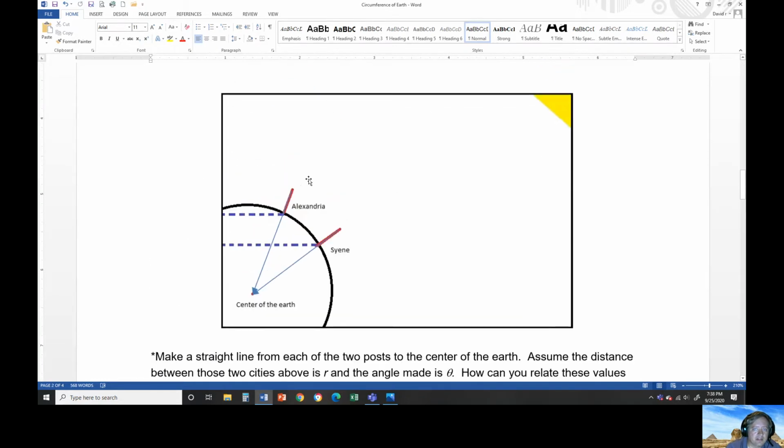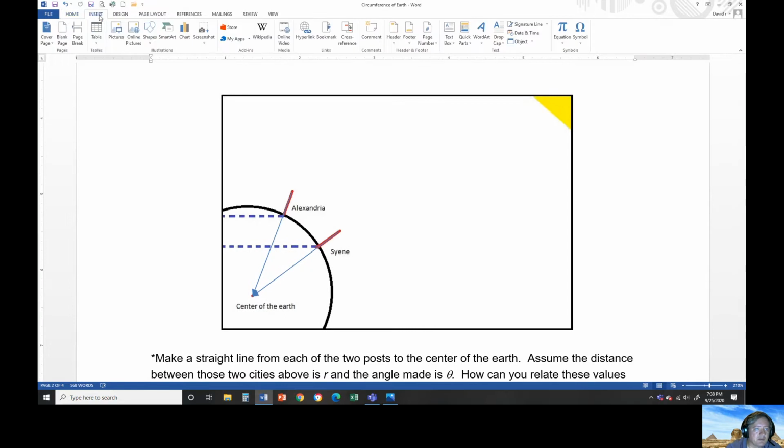We know that the rays of light coming from the sun were parallel. Now, if the ray of light that hit this post didn't create a shadow, then what that means is, if they're parallel from the sun, you will notice now here at Alexandria, now you have a shadow.